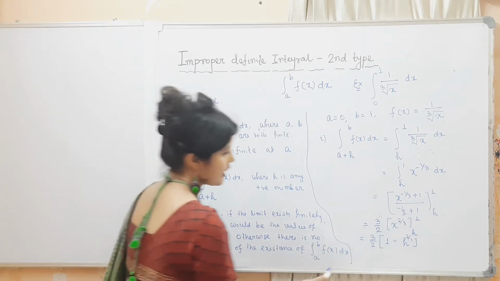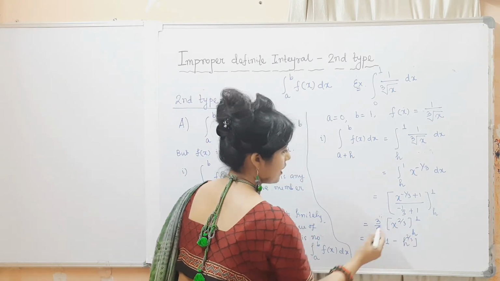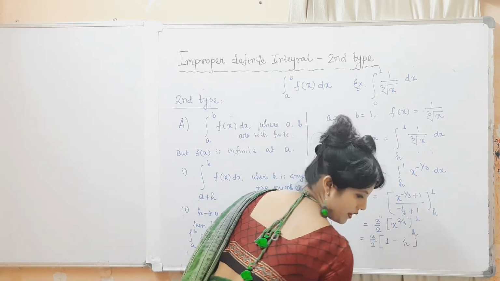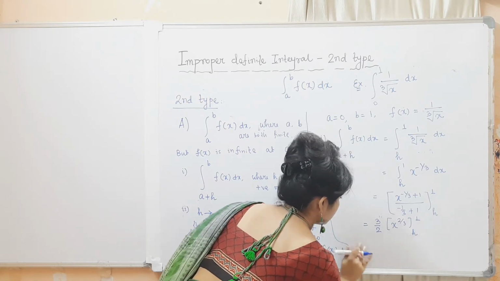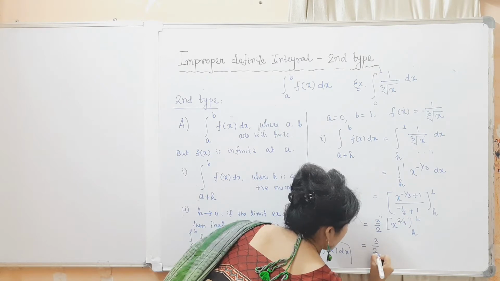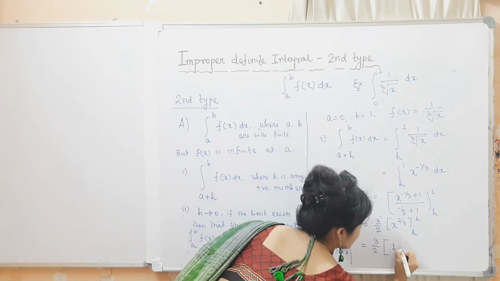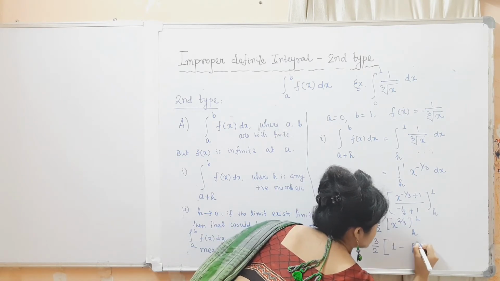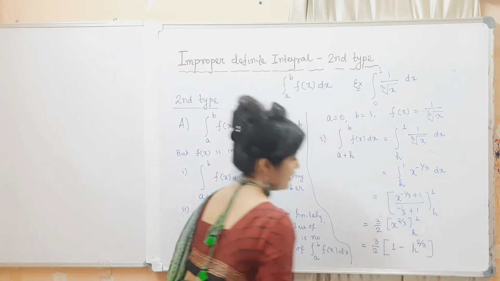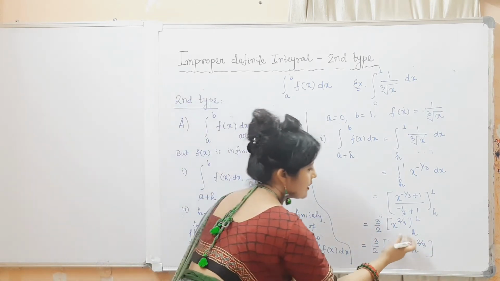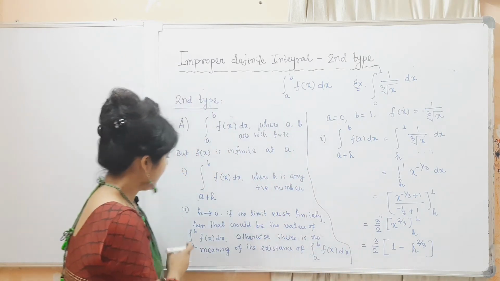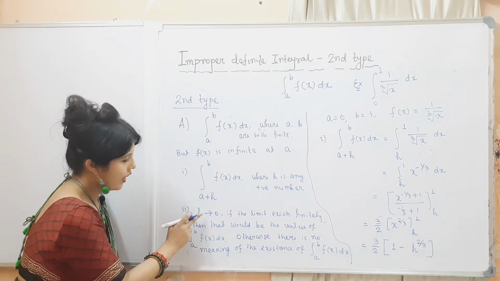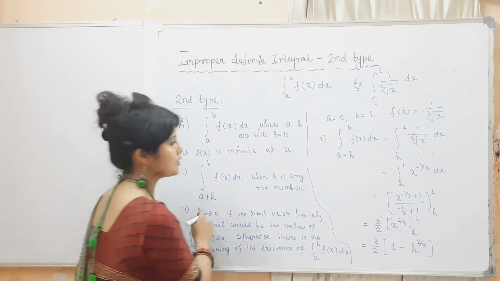I am writing it more clearly. After substituting the upper and the lower limit, you get 3 by 2 times 1 minus h to the power 2 by 3. So clearly the value of this integration is a function of h. Now what is the second step? You have to take the limit h tends to 0.